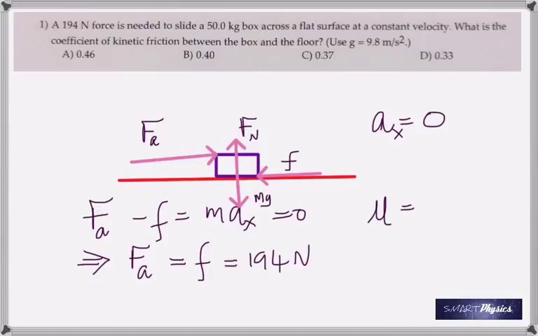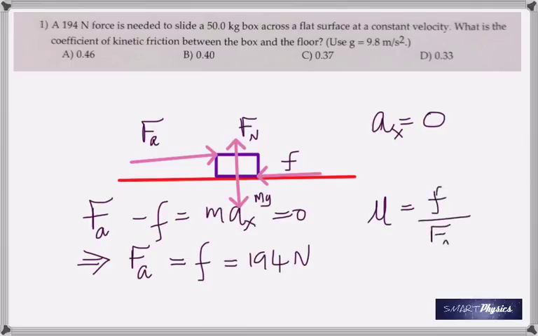And then remember that the vertical forces are: one is the weight of the object, mg, acting down, and the other force along the y-axis is the normal force acting vertically up. And since there is no motion along the y-axis, these two have to be equal to each other.